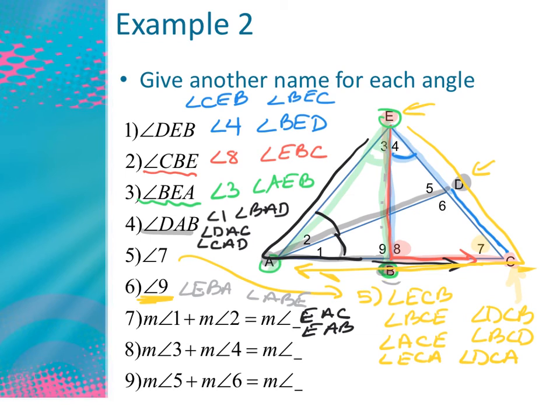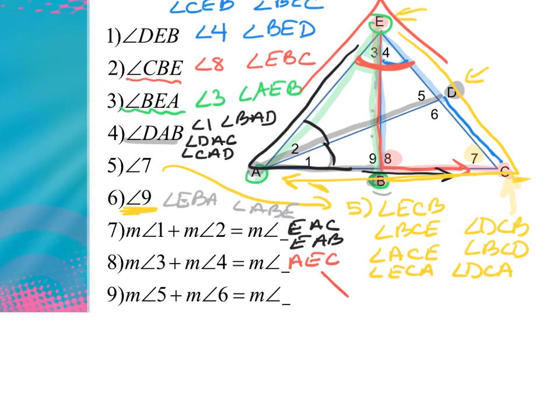Angle 3 and 4 are up here, so that's making this big angle, AEC. You could also do AED. You could also do DEA, do it in reverse, or you could also reverse the original one, CEA.